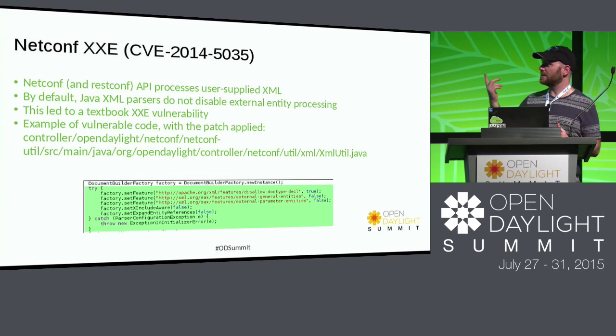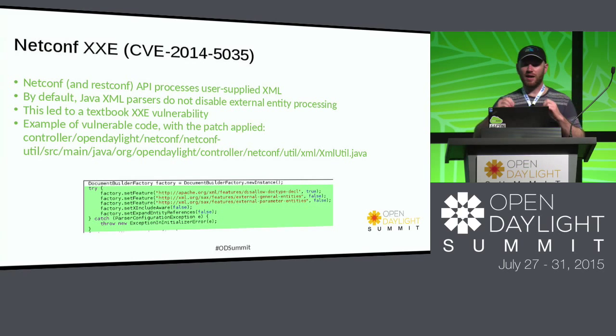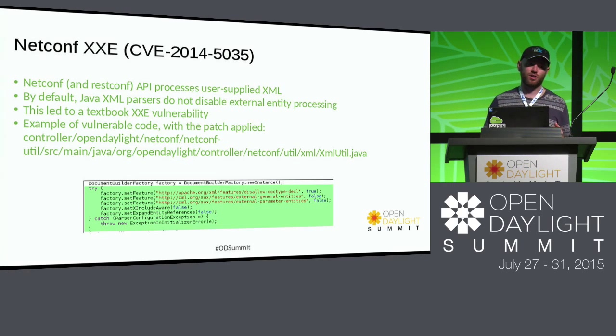The vulnerability is in the netconf and restconf APIs exposed by OpenDaylight, which use XML as a communication format. XML documents are typically quite simple, just structured key-value pairs. But the XML specification itself is extremely complex, and there are all these headers and metadata that you can include.